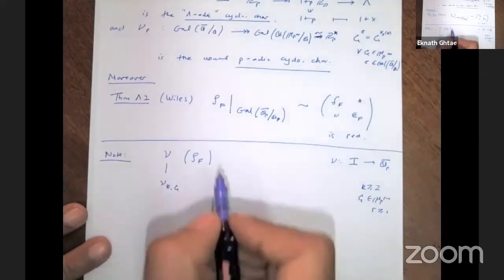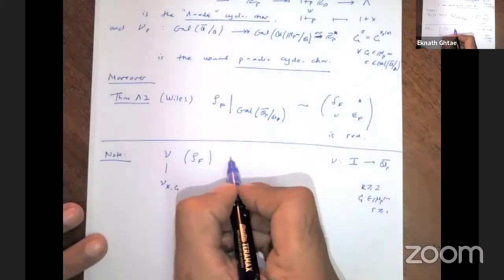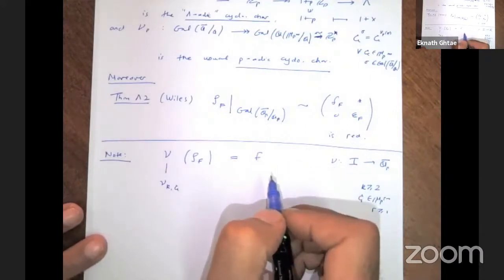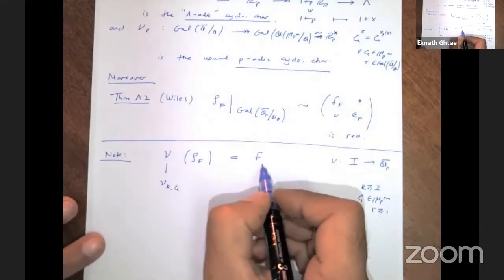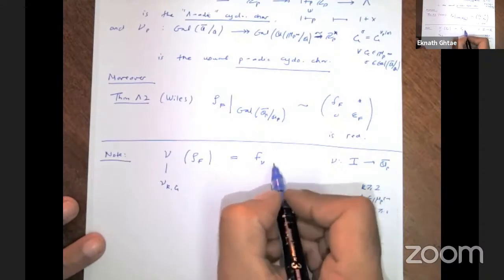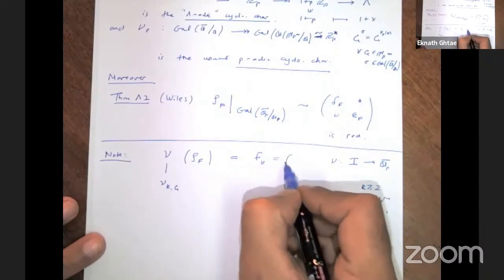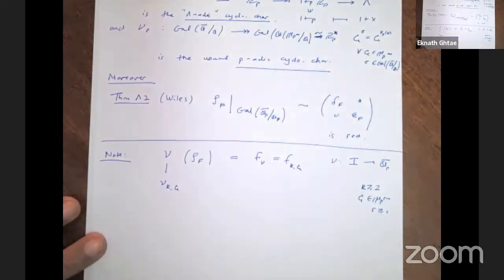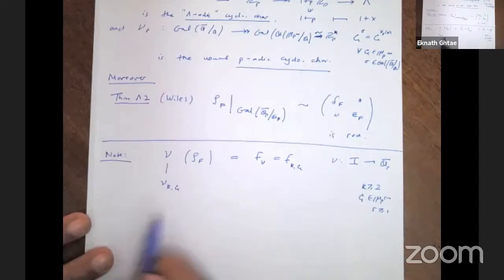What happens? I'm claiming you actually get the modular form that I called F nu, more precisely, but a little bit more ambiguously, F k zeta. Okay, so this is a non-trivial statement, not a tautology.